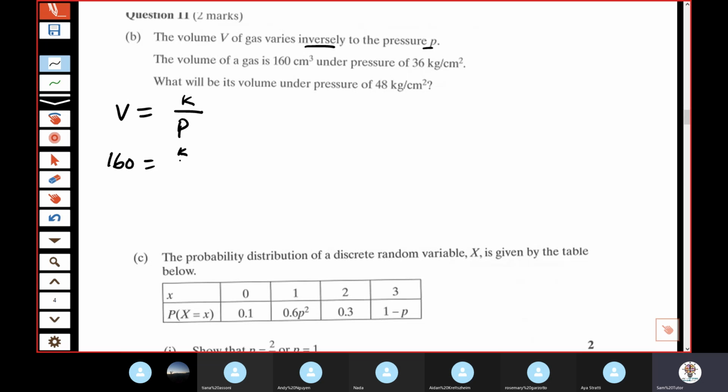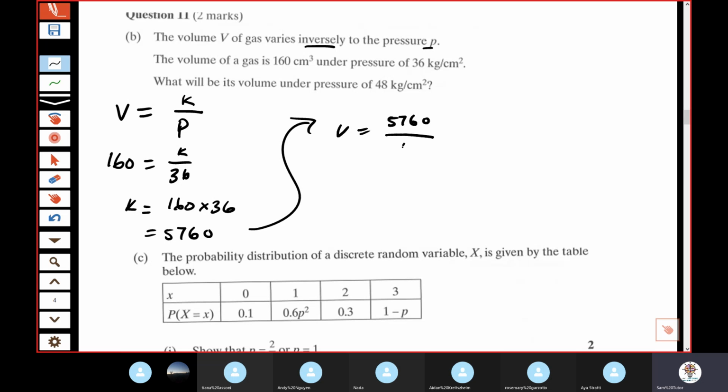Pressure is 36. K on 36. So the first step with these questions, you have to find K. So K equals 160 times 36, 5760. So your new formula becomes V equals 5760 over P.